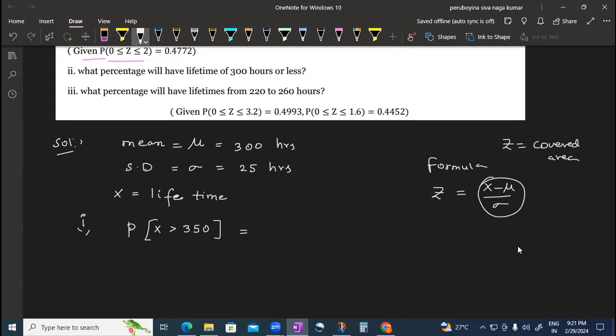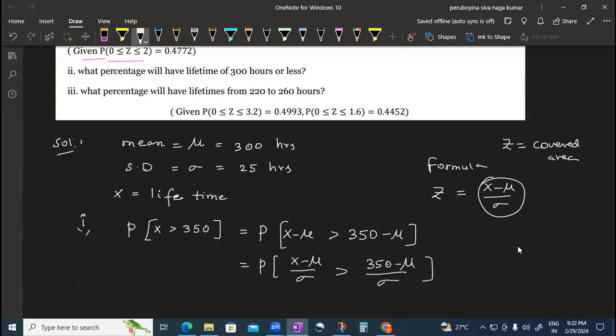First we will do subtraction of the mean. So write down X minus mu. Here this side also do the same, 350 minus mu. And as the next step, divide with sigma, the standard deviation. So X minus mu by sigma is greater than, right side also, we will do the same by sigma.